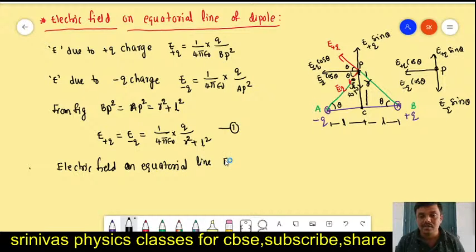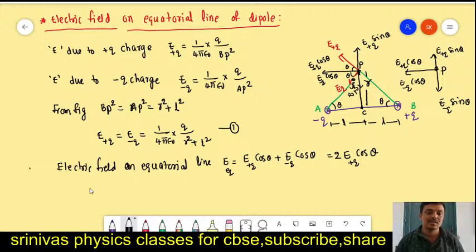Net electric field is E on the equatorial line. You have to add both of them: E plus Q cos theta, E suffix plus Q, remember it, E plus Q cos theta, and E suffix minus Q cos theta. But E minus Q equal to E plus Q. This is also E plus Q cos theta. We write it as 2 E plus Q cos theta.